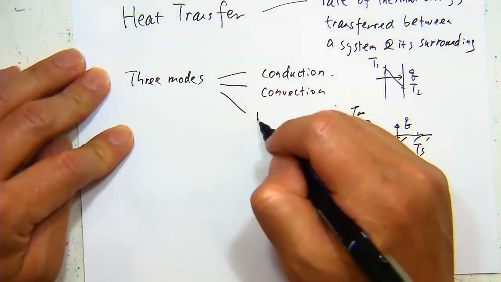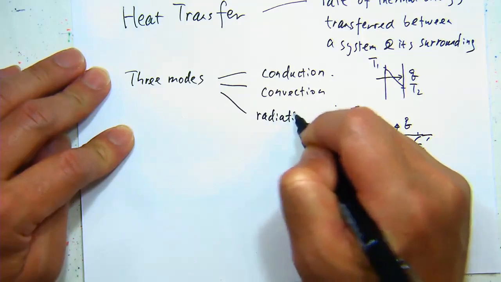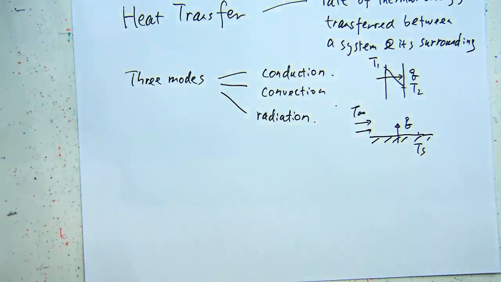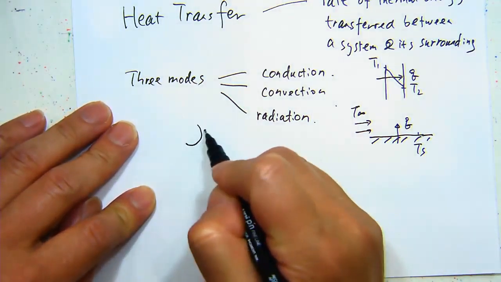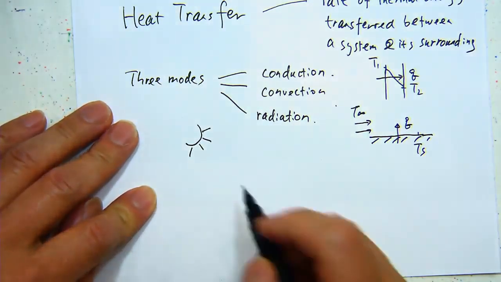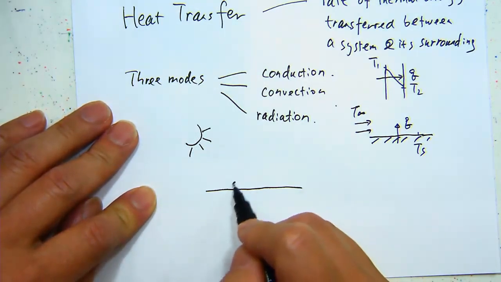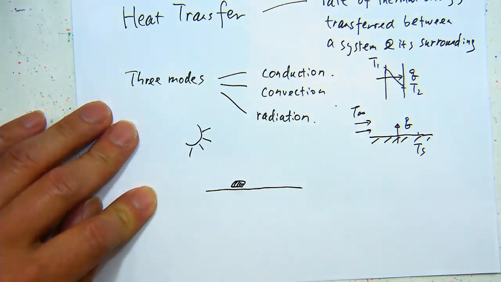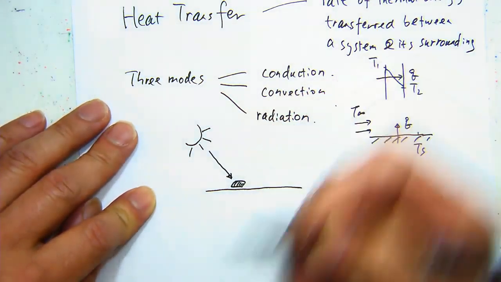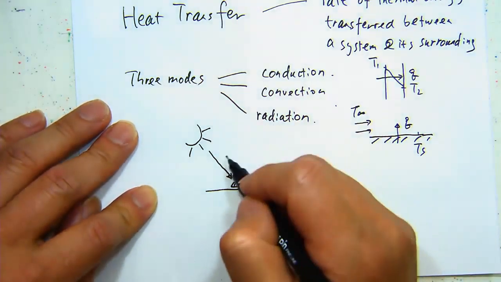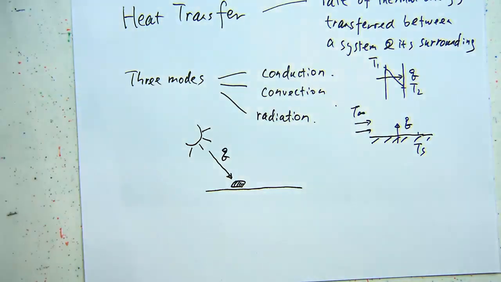Then you have radiation. Radiation is the third mode, and it's actually quite different from the first two. A radiation heat transfer example is the sun outside. If this is Earth and we have a surface on Earth, the heat will transfer by thermal radiation from the sun to any surface on Earth.